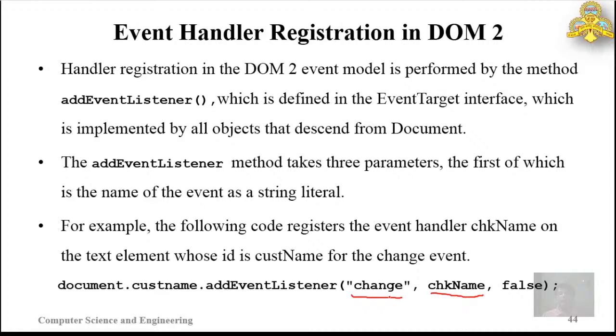If it is in DOM0 it is onchange, but in DOM2 it is a string literal. I am specifying the event listener. That means for customer name, the event handler is specified.